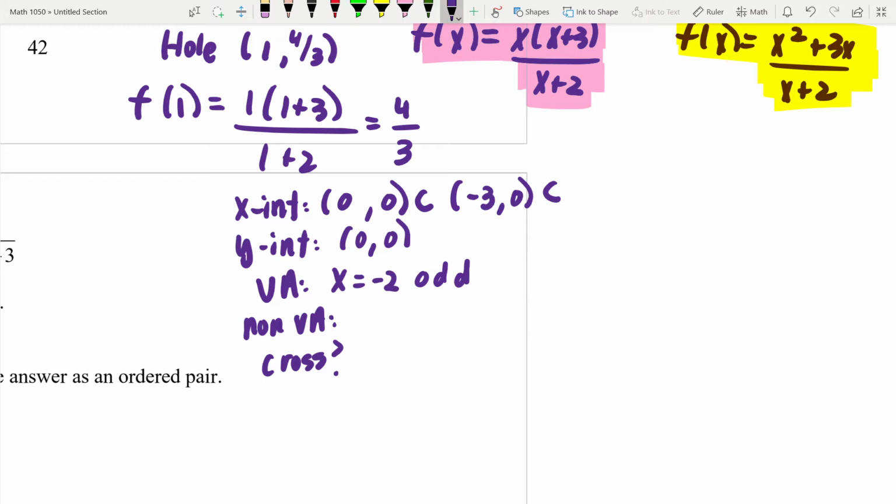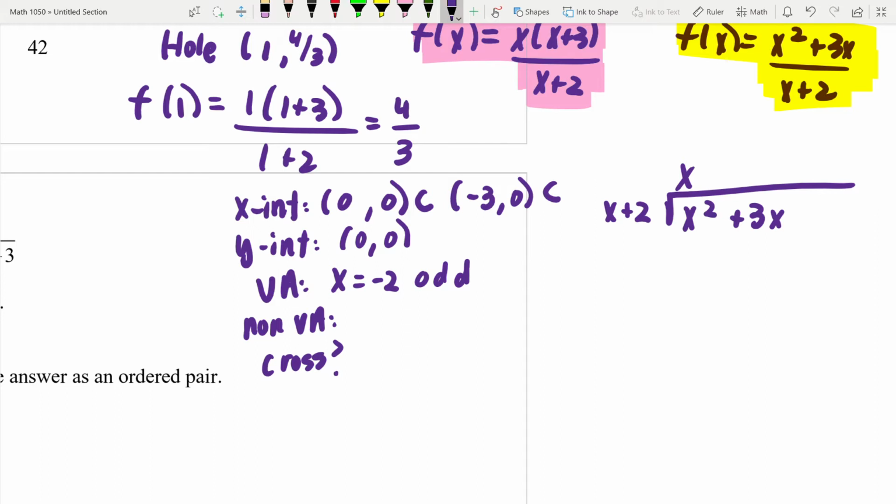How do you find an oblique asymptote? Long division. The bottom goes on the outside. That's x plus 2. On the inside is x to the second plus 3x. Please don't say anything to me for a second. Okay, let's go with it. Write it down. What do I multiply by x to get x to second?